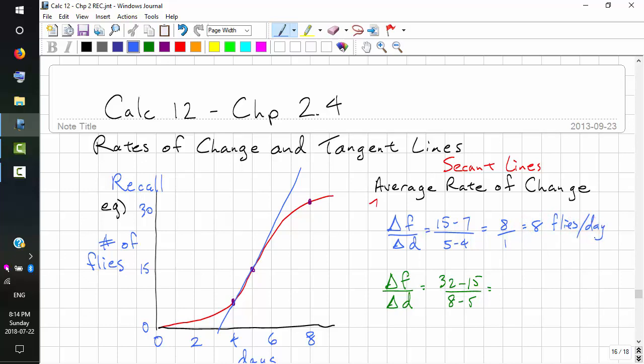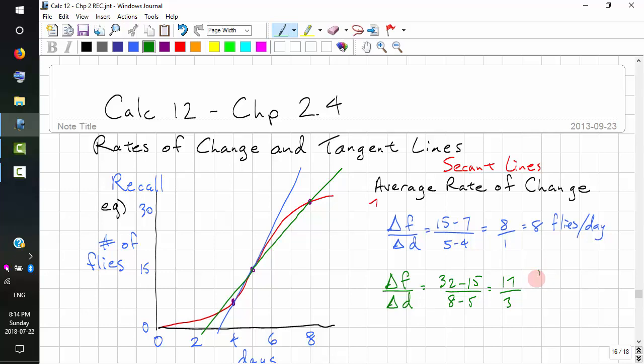If we look at day 8 to day 5, that's the green line. So day 8 to day 5, we draw a line there. This is 32 minus 15. So that's 17 over 3.